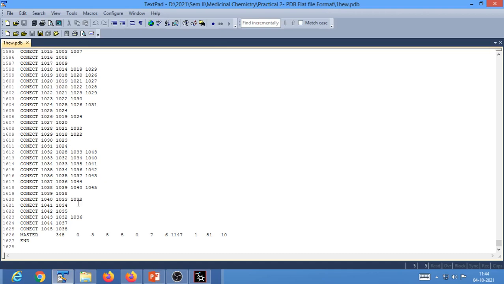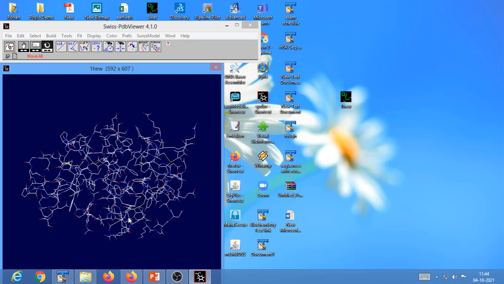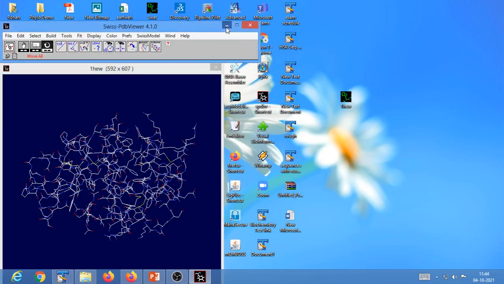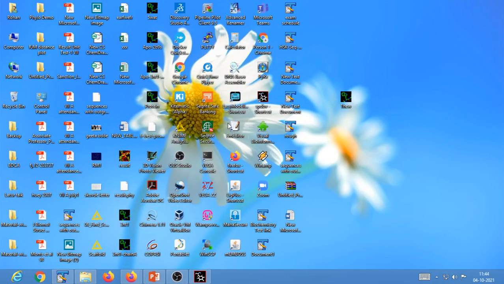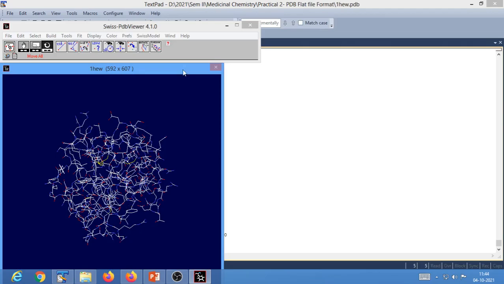These 1627 lines are read by your structure visualizer the moment you drag and drop it, and it shows you this beautiful model. It is how fast these computers are, that in just a blink of a second it has read all these 1627 lines and shown you this beautiful model.